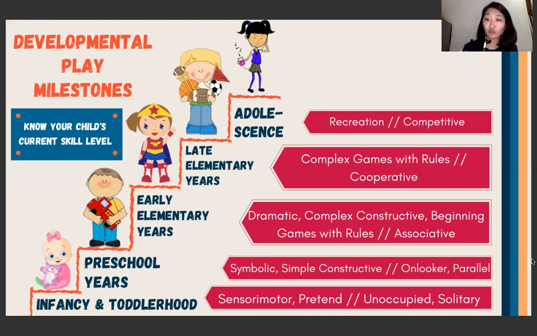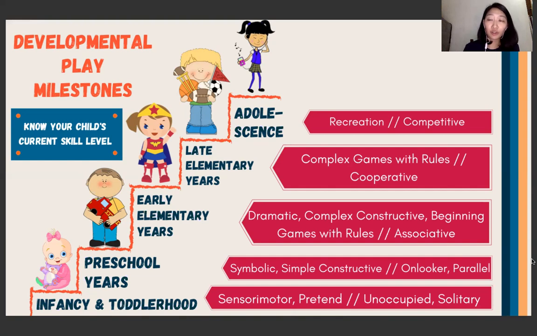If he's in constructive play, he cannot be playing symbolic play? No, it doesn't have to be that way. He can be engaging in simple constructive play one day and then beginning games with rules the next. Or he can be in associative play today and be engaging in cooperative play tomorrow.